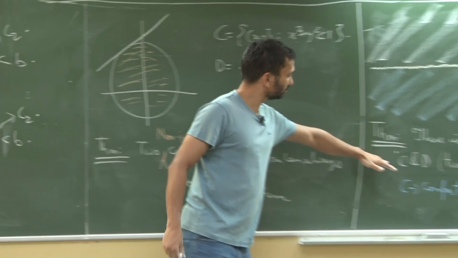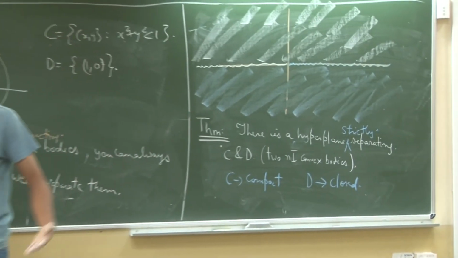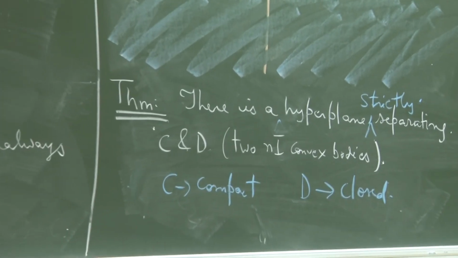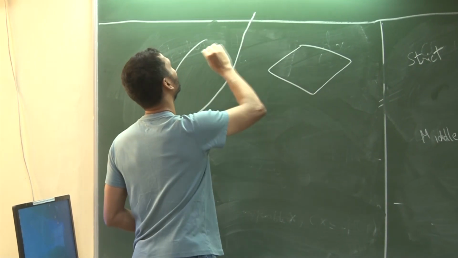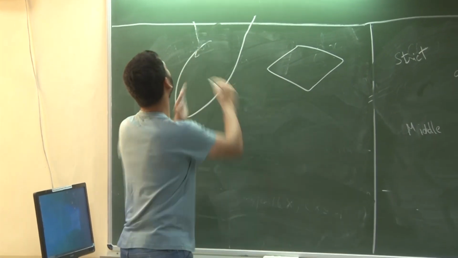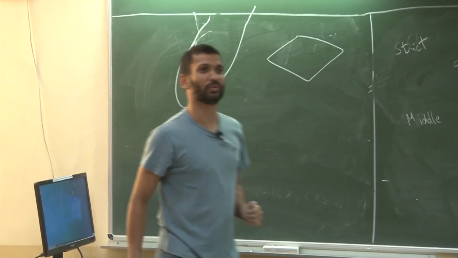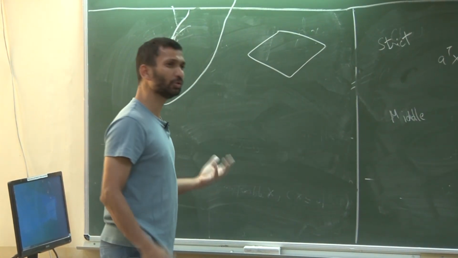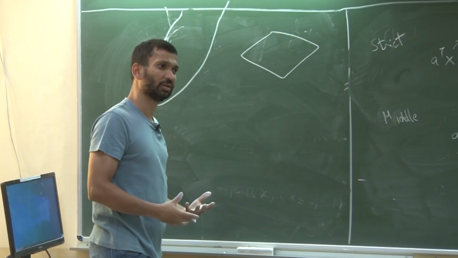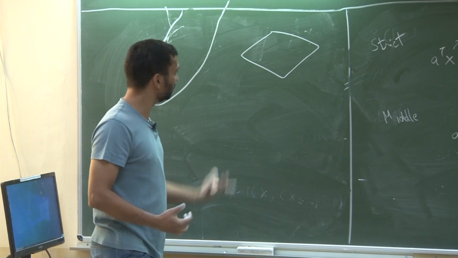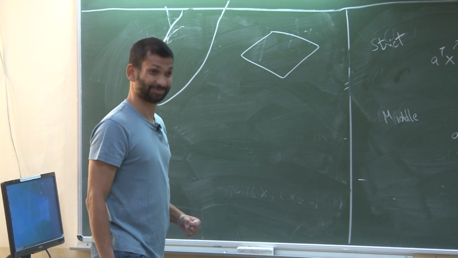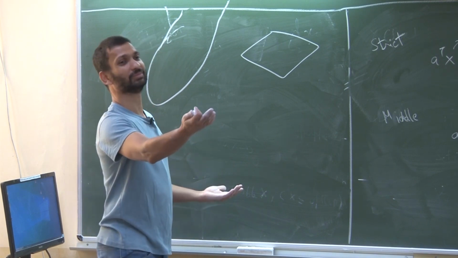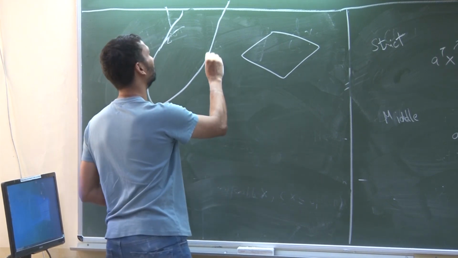So what do you think could be an idea? Now you have these points, you have this nice, probably this is infinite, convex, right? How would you start to construct a hyperplane separating these two bodies? Great, very good.